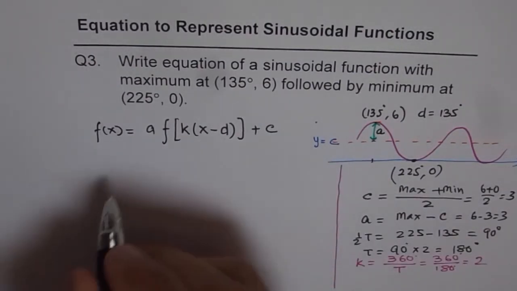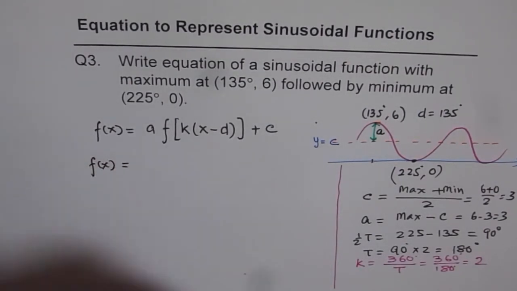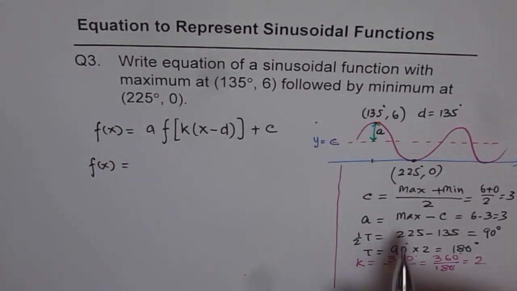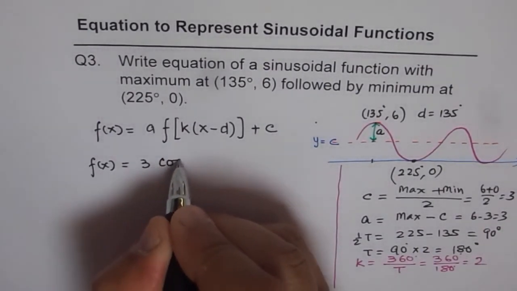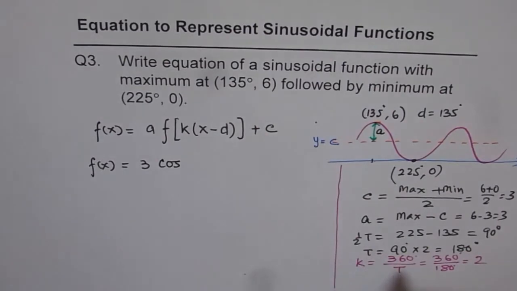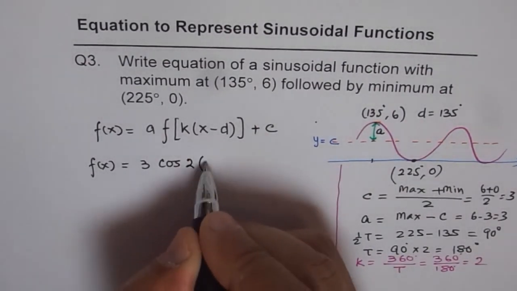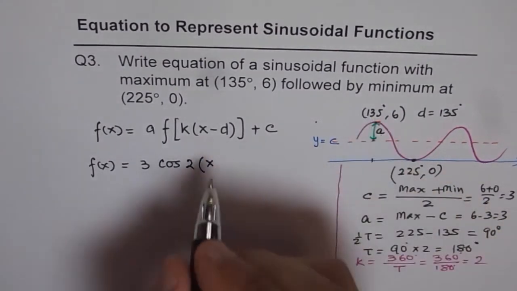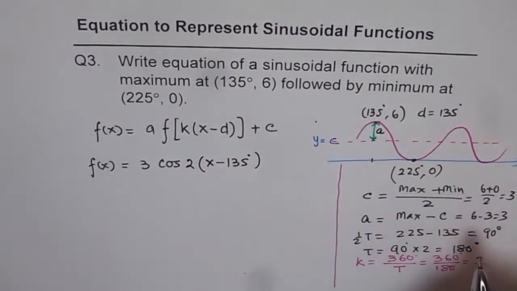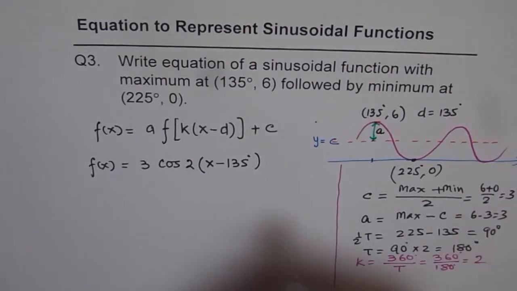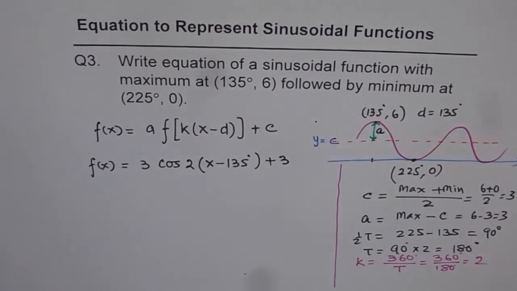So we can write our cosine function f(x) = 3 cos(2(x - 135 degrees)) + 3. Here a is 3, k is 2, d is 135 degrees, and c is 3.